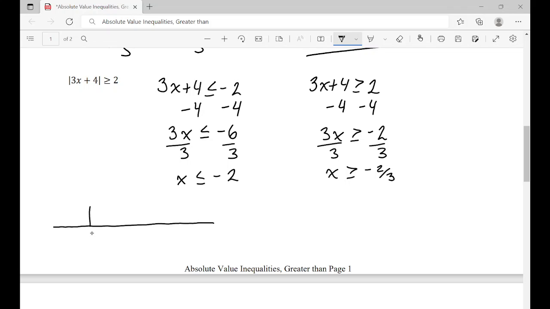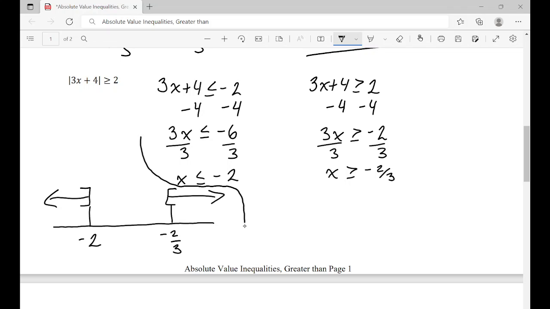So negative 2 is smaller than negative 2/3, so we'll put that first. Then negative 2/3 here. And we have a less than or equal to for negative 2, so that is a bracket going to the left forever. And we have a greater than or equal to for negative 2/3, so that is a bracket going to the right forever.